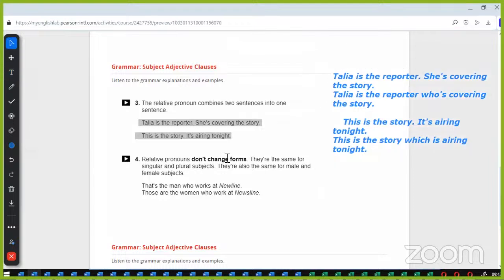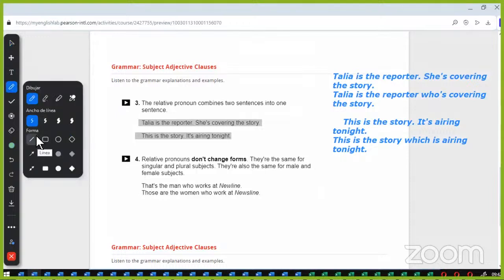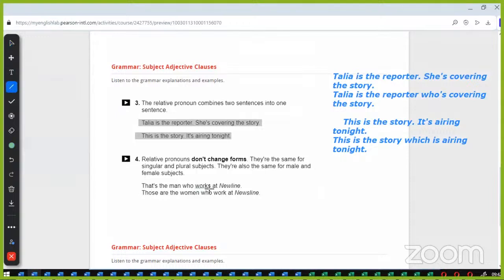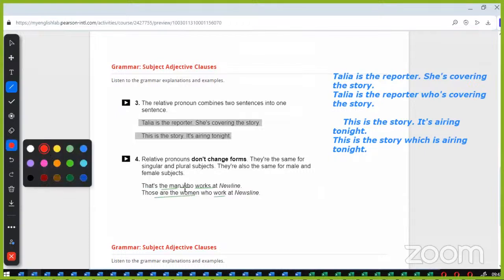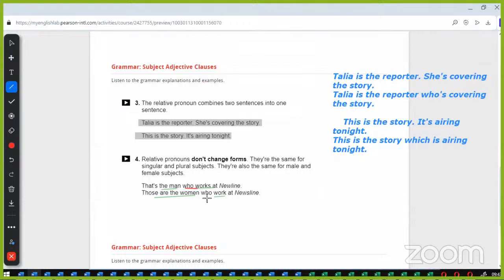The relative pronouns don't change forms. That means that's the man who works at Newsline, and those are the women who work at Newsline. Even though here you use works and here you use work, because here you're talking about singular and here plural, who stays the same.